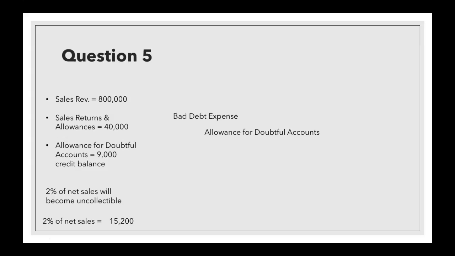And allowance for doubtful accounts, that's a contra asset. Just like how back in chapter 3, we were learning about accumulated depreciation, right? And that was a contra asset. Well, allowance for doubtful accounts is another contra asset. So this is going up with this credit. And we just toss in that $15,200 that we found.